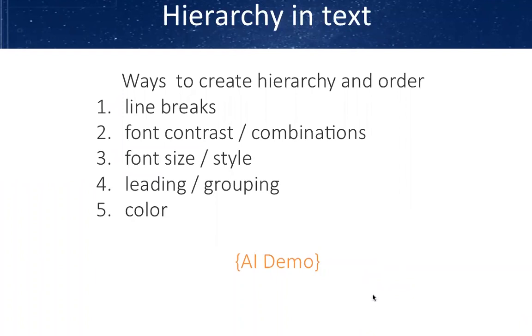We're going to use line breaks, we're going to use font contrast and combinations, font sizes and styles, leading, or in other words, line spacing, to group our text, and then we're going to also use some color. Let's take a look at a piece of information here.